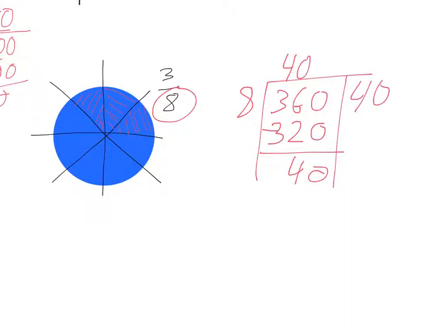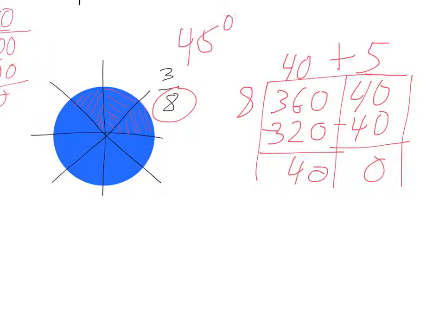Well, I just said that 8 times 5 is 40. Now don't get confused. I've been doing multiples of 10, but this is just a 1. 8 times 5 is straight up 40, no zeros at the end. 40 minus 40 is 0, and I have nothing left to divide, no remainder. So I'm all done. I just add up 40 plus 5, and an eighth would be a 45-degree angle. So 45 degrees would be 1/8.